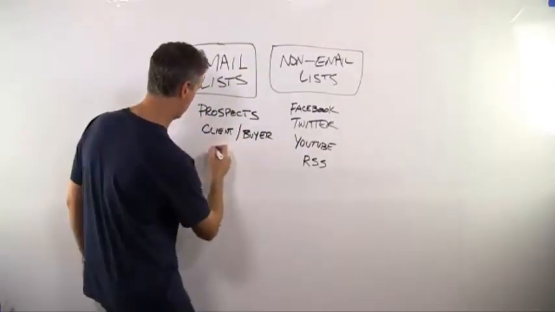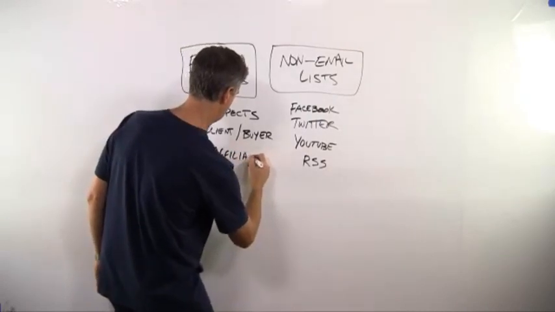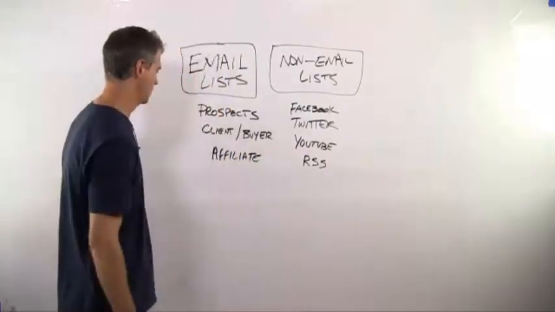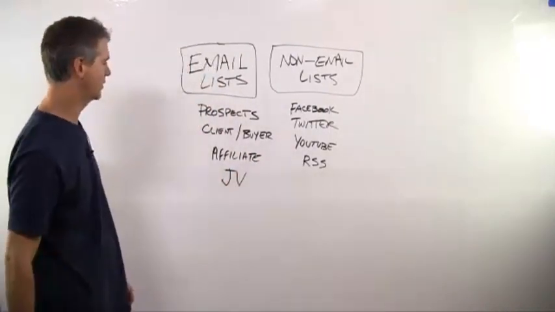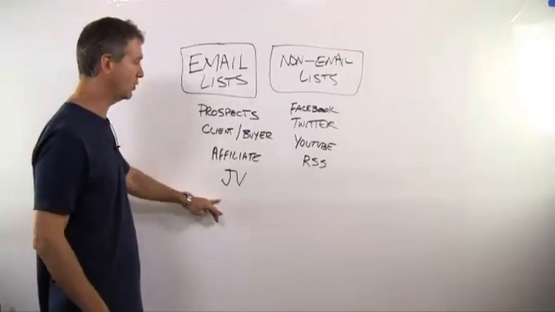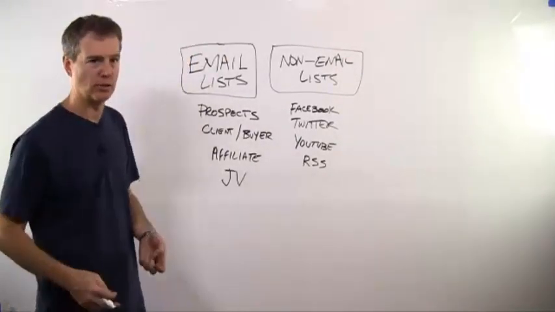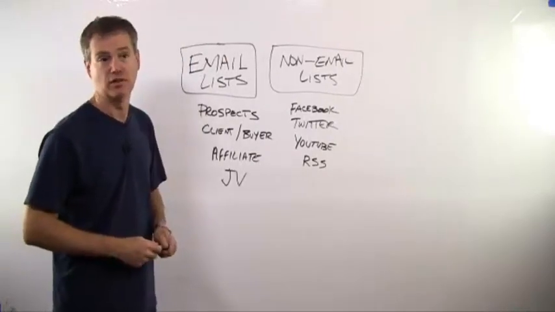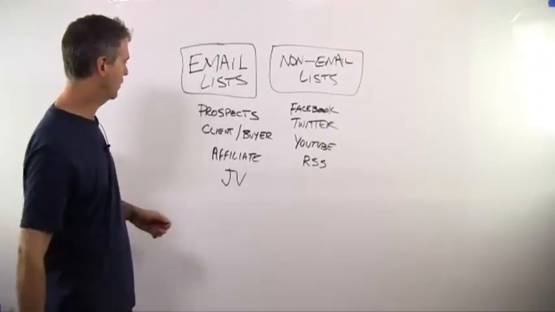Then we could have an affiliate list. I actually split out my affiliates and my JVs. Those are a couple different lists. There's others. You could have support lists. You could even have a network list of people that are in your industry, a discussion list with people that you're masterminding with. But these are primary ones.